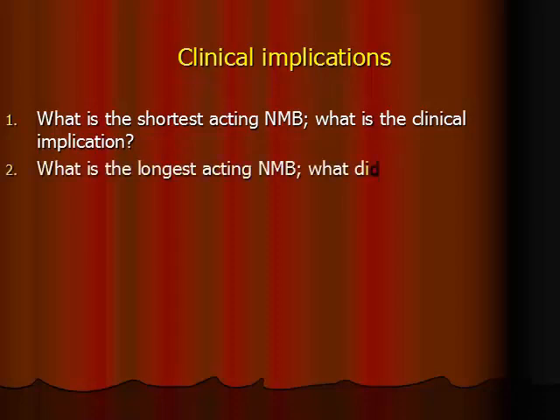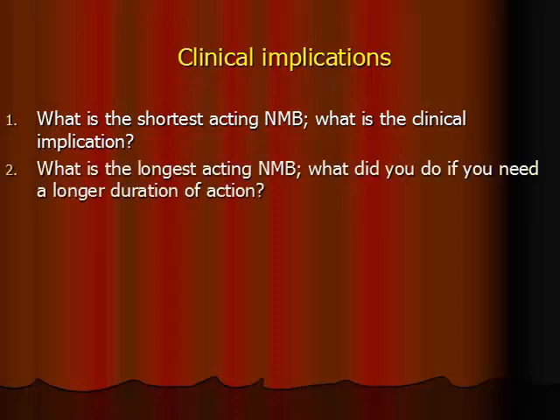What is the longest acting neuromuscular blocker, and what do you do if you still need a longer duration of action? The answer: the longest acting neuromuscular blocker is D-tubocurarine, which is eliminated by the kidneys. However, we usually give a non-depolarizing agent, e.g. cisatracurium, by intravenous infusion, if a long duration of action is needed.